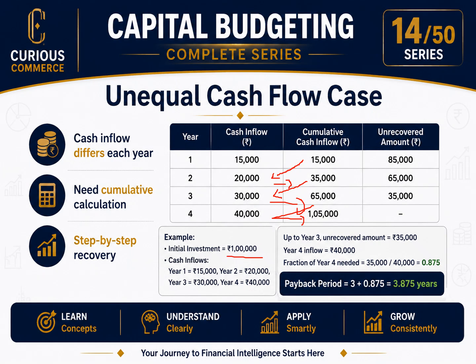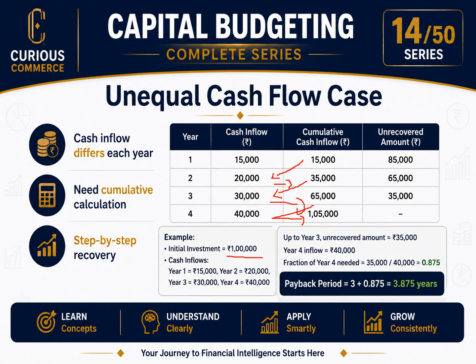The 1 lakh minus 15,000 rupees is 85,000 rupees. 1 lakh minus 35,000 rupees is 65,000 rupees. 1 lakh minus 65,000 rupees is 35,000 rupees. Up to the third year, the unrecovered amount is 35,000 rupees.